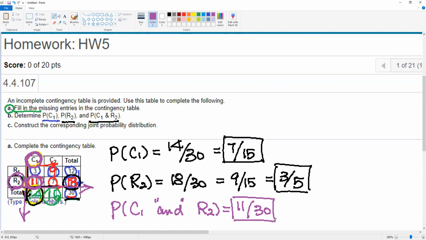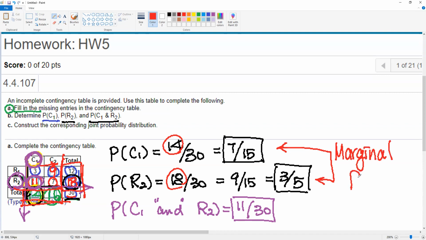So I just take the subtotals as the marginals, here and there. The first two are the marginal probabilities. But the last one is the joint probability.